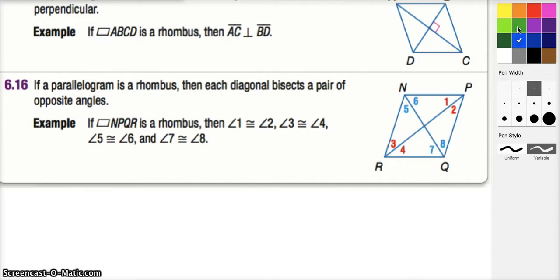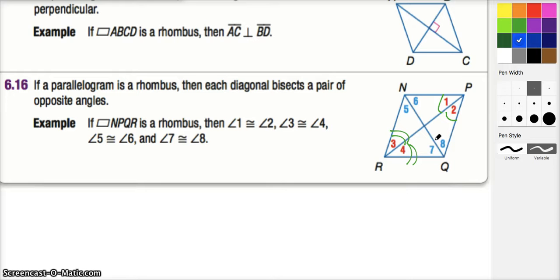The diagonals bisect each of the opposite angles, bisects each pair of opposite angles. So PR, that diagonal is going to bisect this angle P and bisect this angle R into two equal parts, meaning making 1 and 2 equal and 3 and 4 equal.